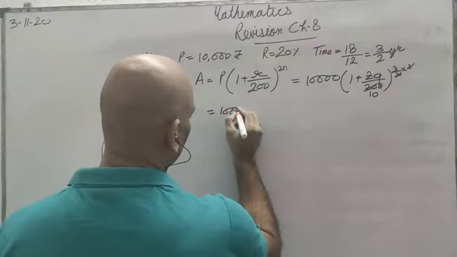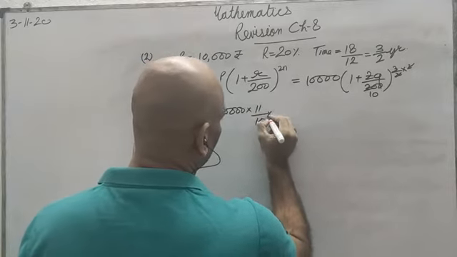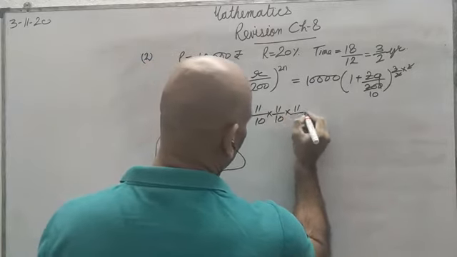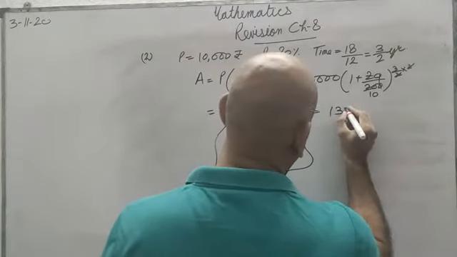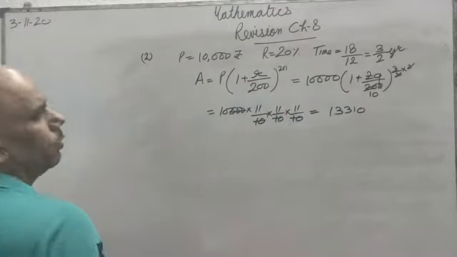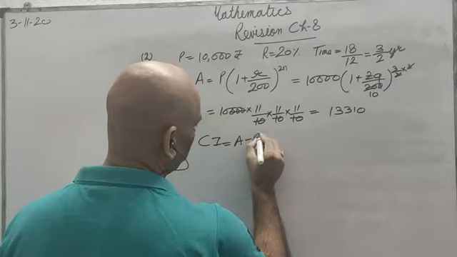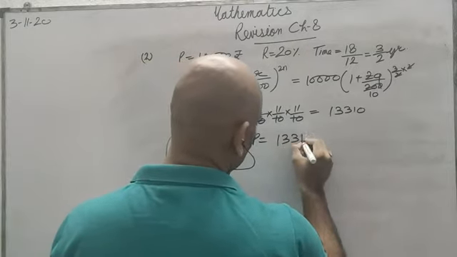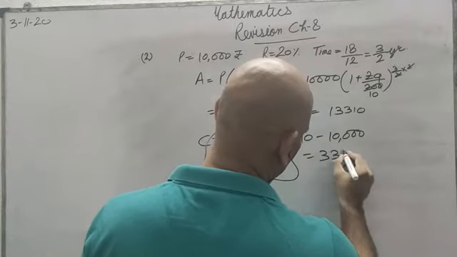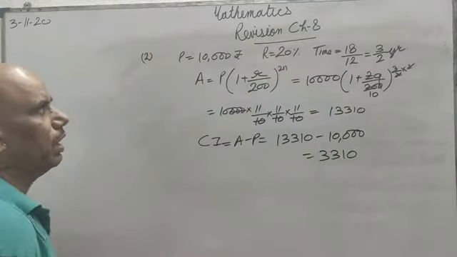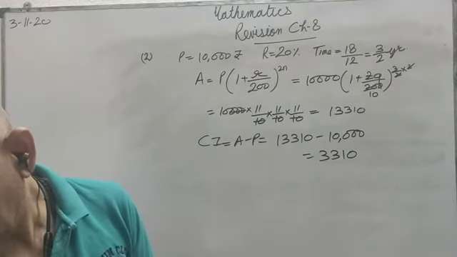So I got 10,000 into 11/10, 11/10, 11/10. Triple zeros are cancelled, and so the answer is 13,310. This is the amount. Amount minus principal is compound interest. 13,310 minus 10,000. 3,310 rupees will be the compound interest for 1.5 years.